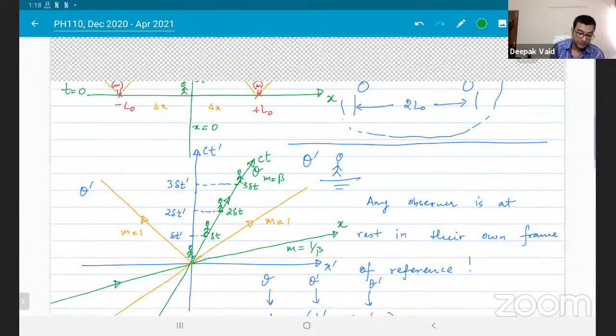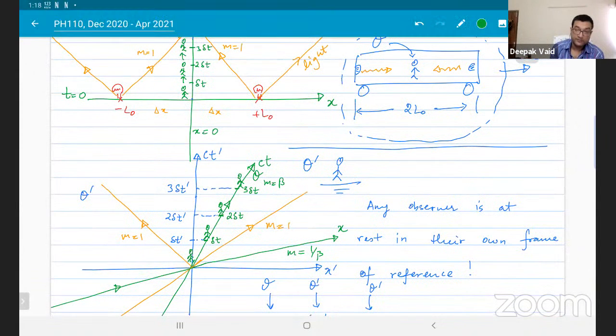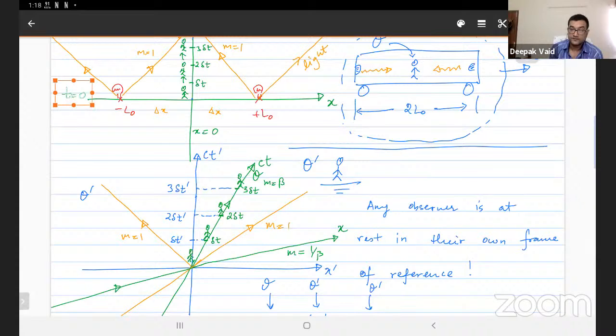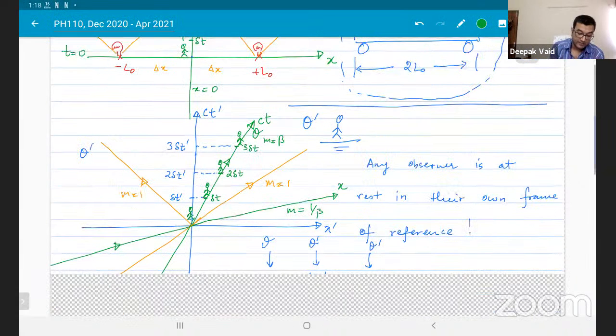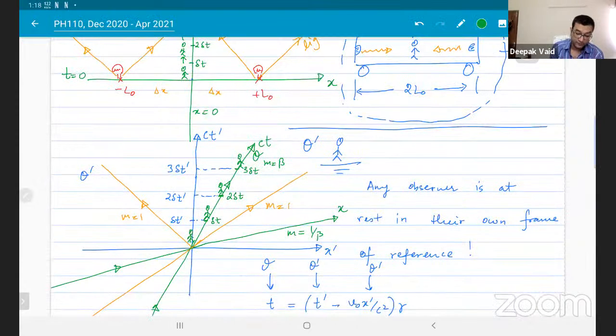Now you remember these 2 points were drawn at plus L0 and minus L0 on the constant time surface, on this t is equal to 0 surface. What happens to these points? Where should these points go? These points will go on the constant time surface, which is this surface.